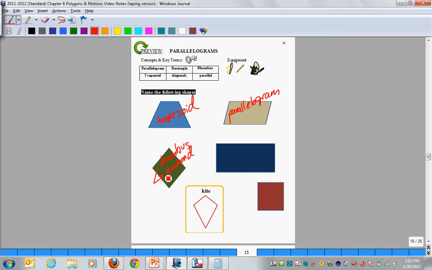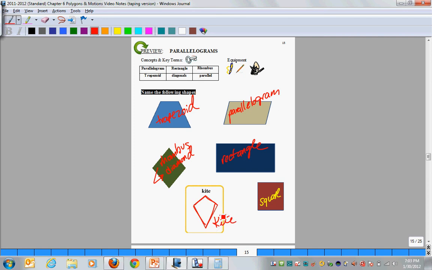Rhombus or a diamond. Again, what are these? They're four-sided shapes. We have a rectangle, and of course a square. And believe it or not, the shape kite, yes, that's an object you fly in the air, but it actually has a specific meaning. This is what's called a kite shape in geometry.